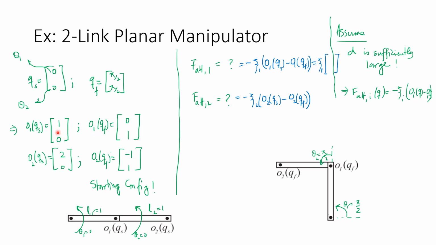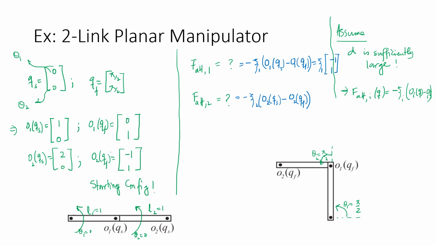So all you have to do is to take these two subtracted from each other. So this is going to give you a very simple, straightforward answer. So this is going to be minus 1 and 1, because the minus sign with zeta 1 is taken inside, so I'm going to change the sign inside in this vector as well.